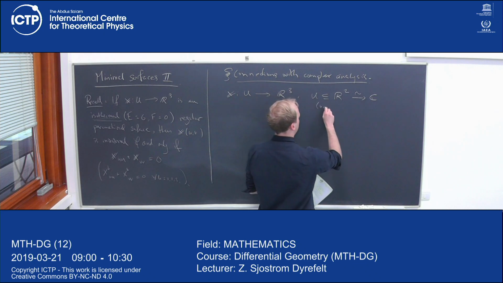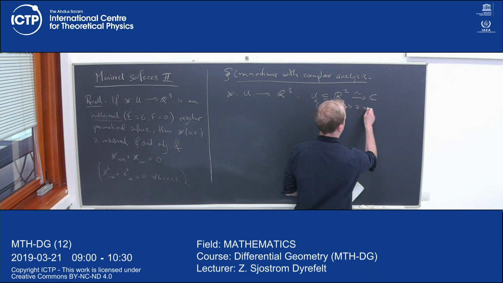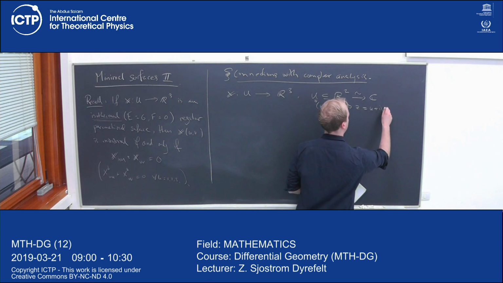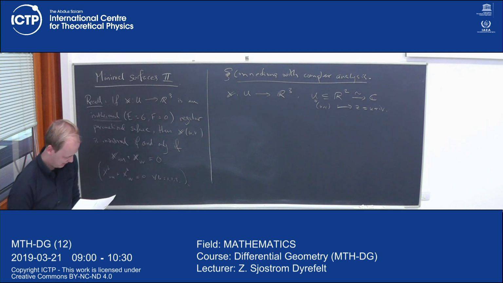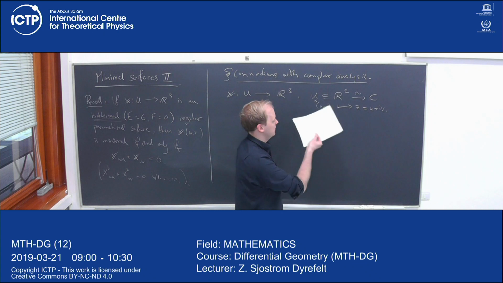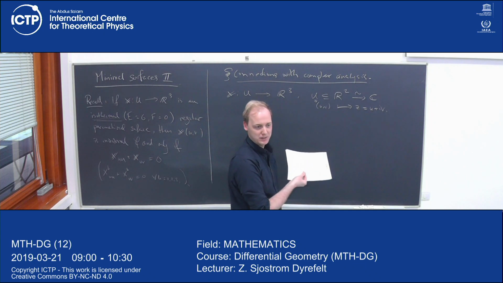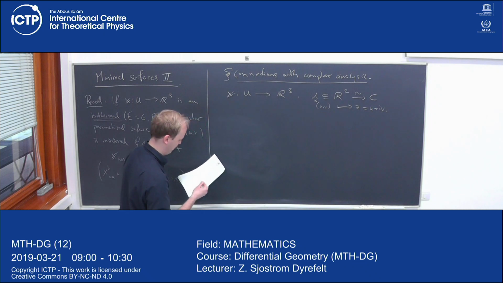So if you have uv lying inside here, you send it to z equals u plus i times v. So this you're completely used to. But then we want to study some suitable complex function so that we can say if this function will be holomorphic or not. This will be our point.